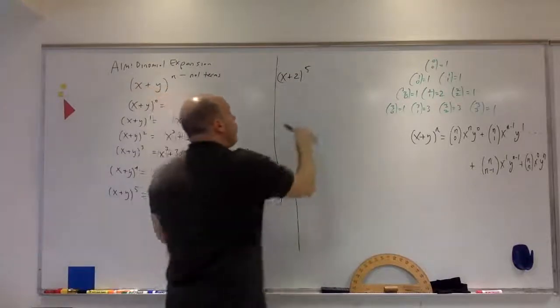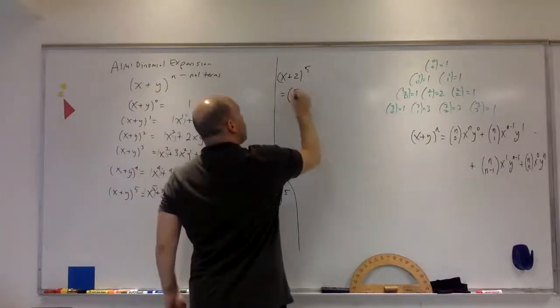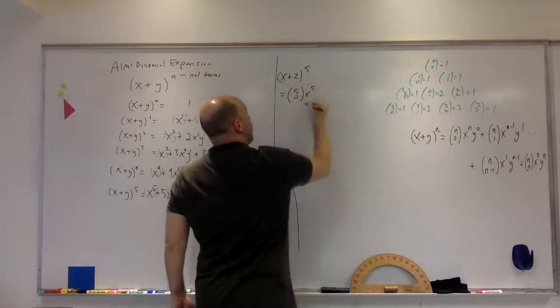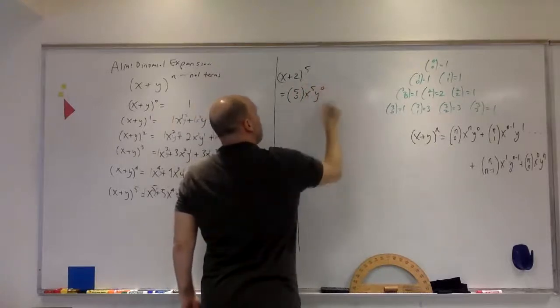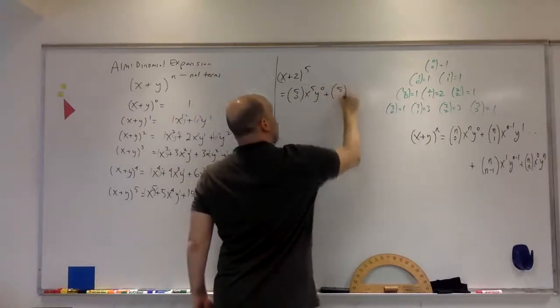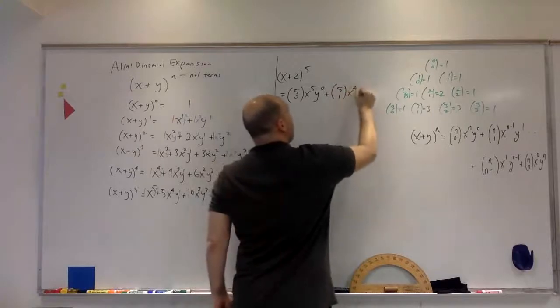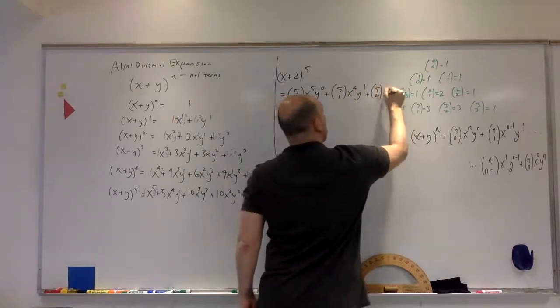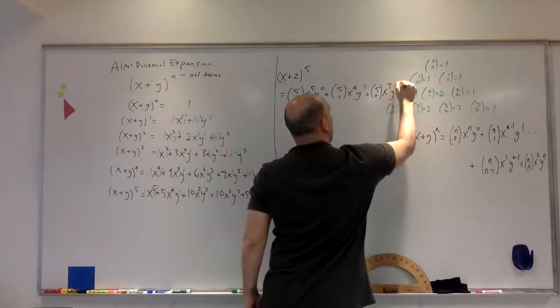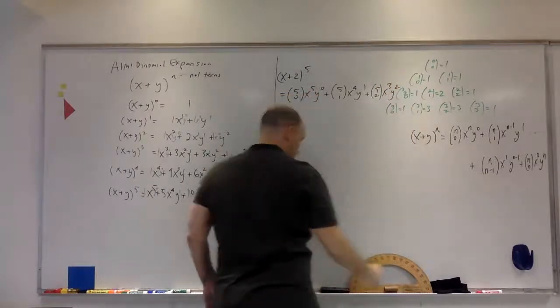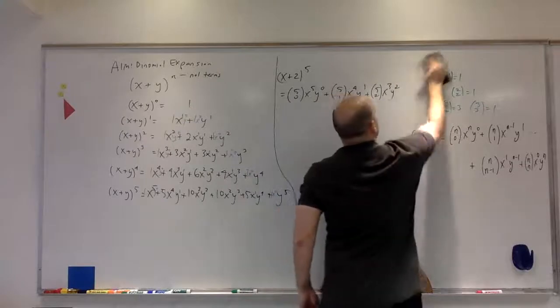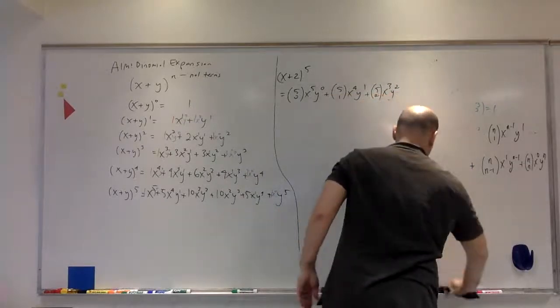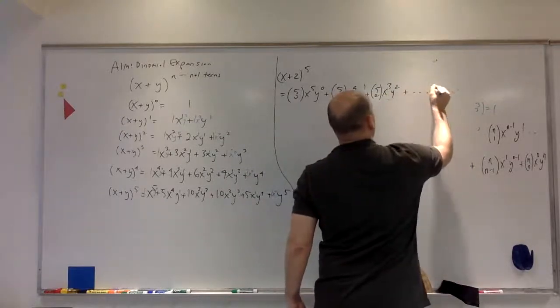So the first term is 5 choose 0, x to the 5th, y to the 0, plus 5 choose 1, x to the 4th, y to the 1st, plus 5 choose 2, x to the 3rd, y squared, and so on and so forth.